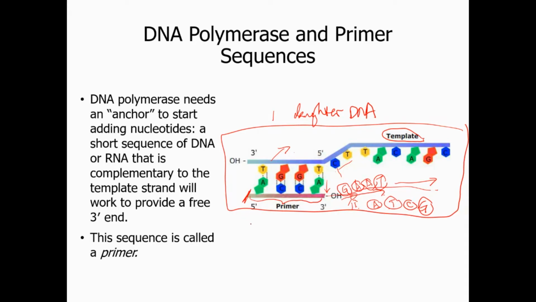Okay? So that means if this is the beginning of the new strand, if there's nothing here, the DNA polymerase cannot start from scratch. So it has to have a short fragment already created, and then use that as an anchor, and then it can extend the strand. Okay, so you have to have something that's already there for the DNA polymerase to start.